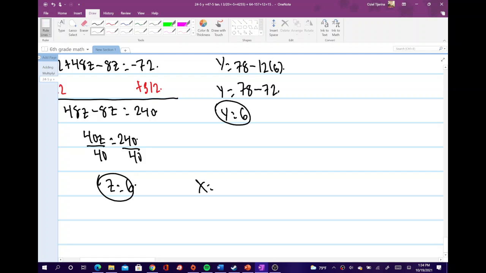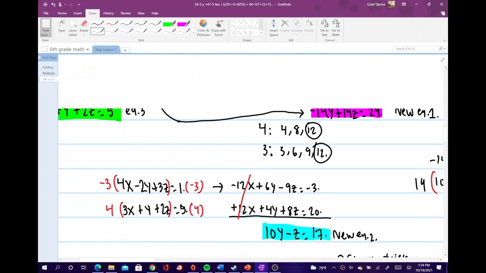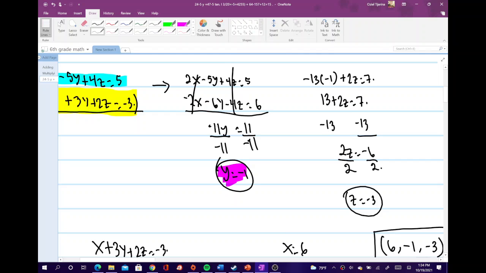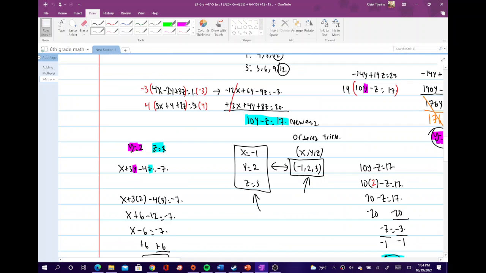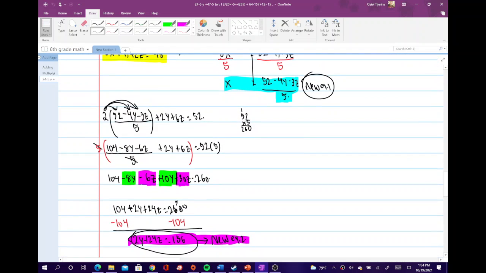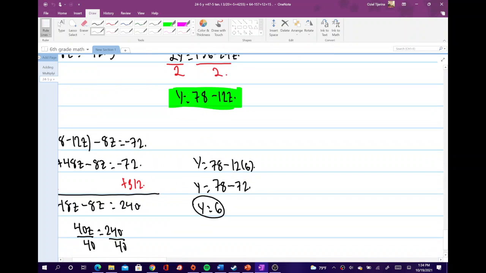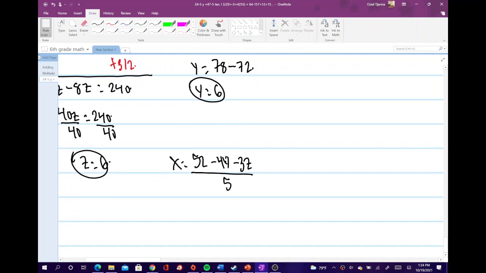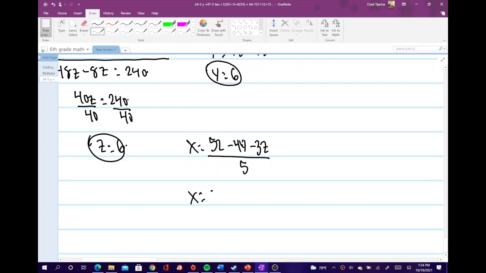So, x equals (52 minus 4y) and then minus 3z all over 5, right? So then it'll be x equals 52 minus 4 times 6 minus 3 times 6 all over 5.